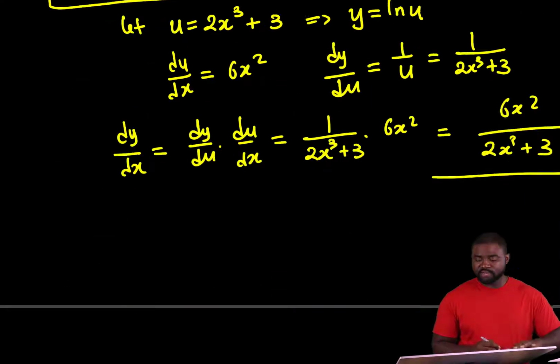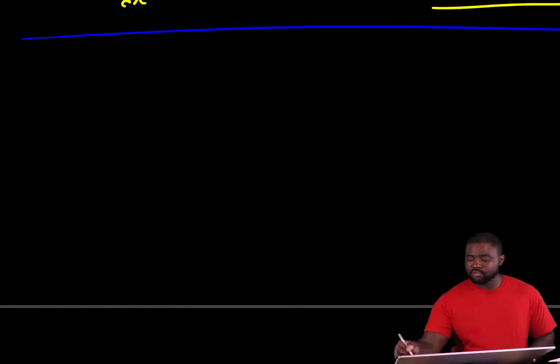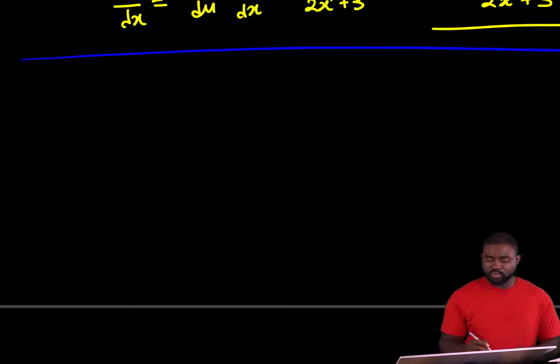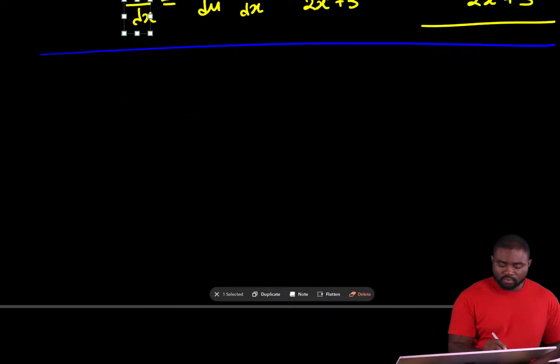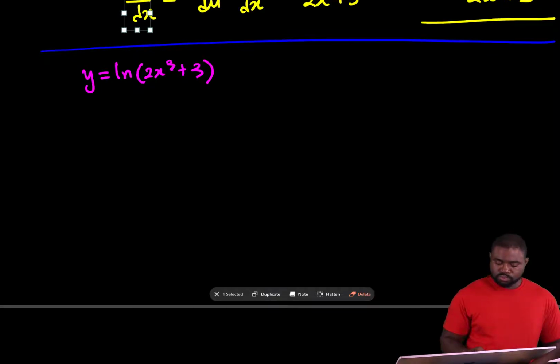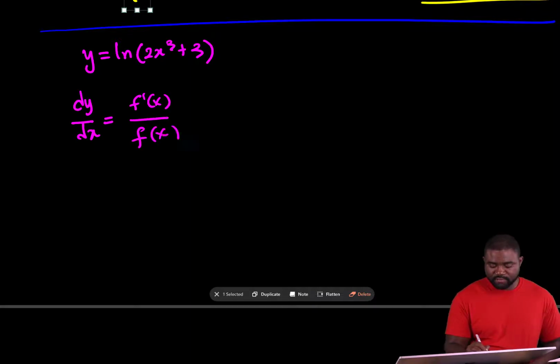So if we use that here, we know that y is equal to the natural log of 2x cubed plus 3, and we also know that dy/dx is just going to be equal to f prime of x divided by f of x.